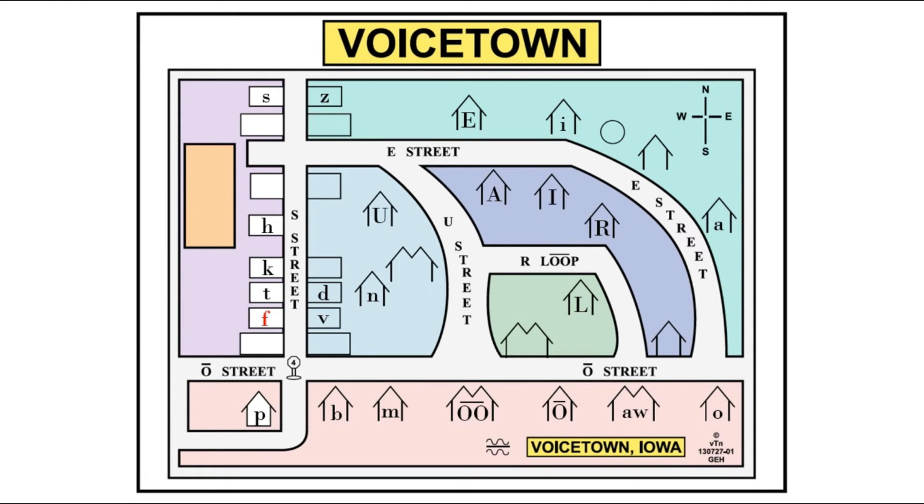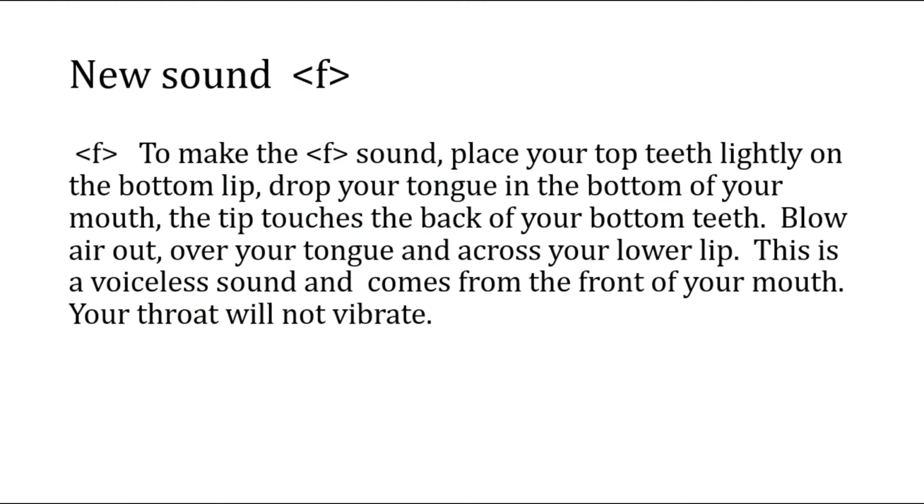The third sound we're going to work with in Lesson 4 is represented by the letter F, which is on the left side of S Street on the map. And the sound is f. To make it, you place your top teeth slightly on the bottom lip.